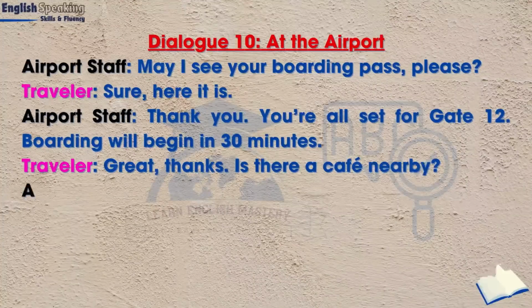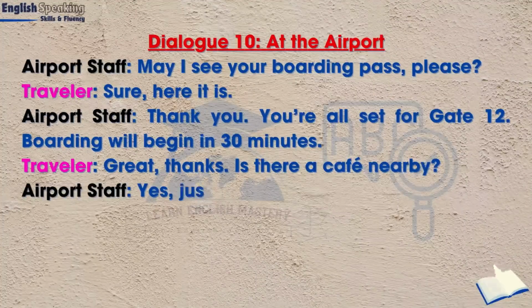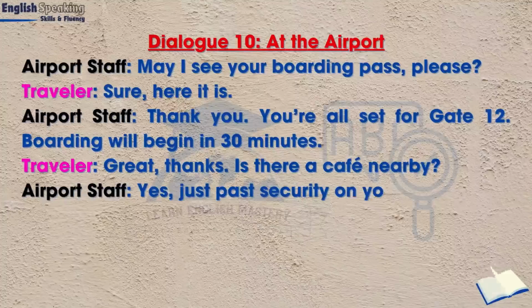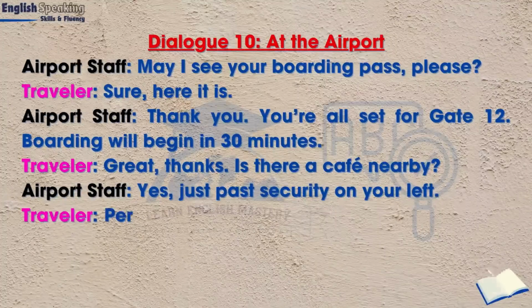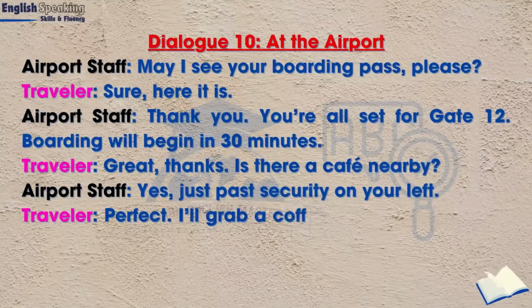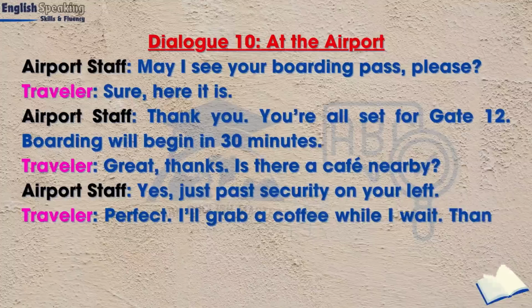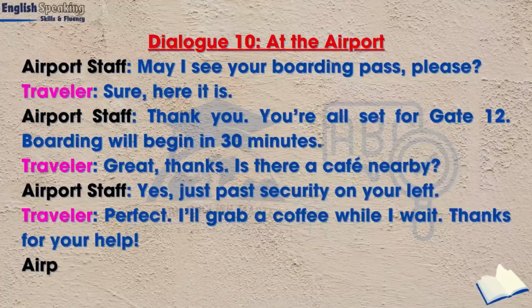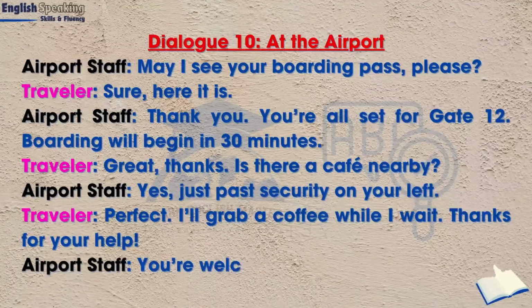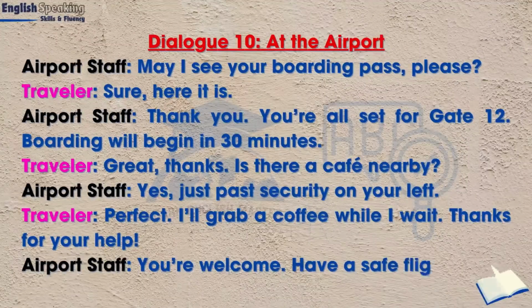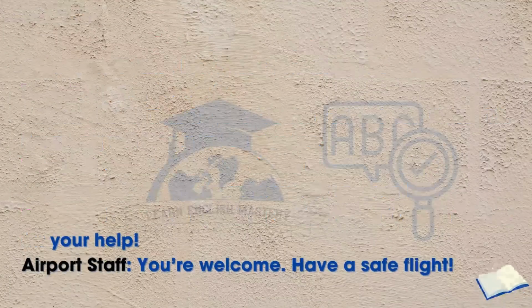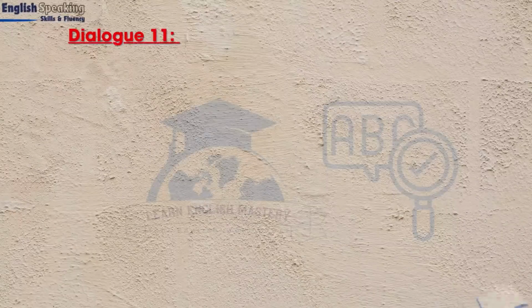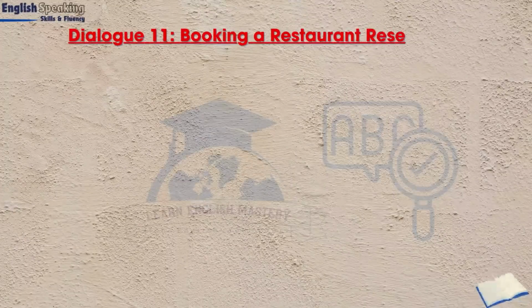Is there a cafe nearby? Airport staff: Yes, just past security on your left. Traveler: Perfect. I'll grab a coffee while I wait. Thanks for your help. Airport staff: You're welcome. Have a safe flight.